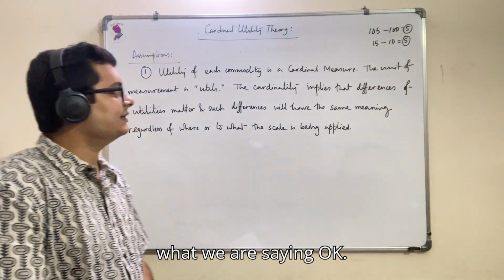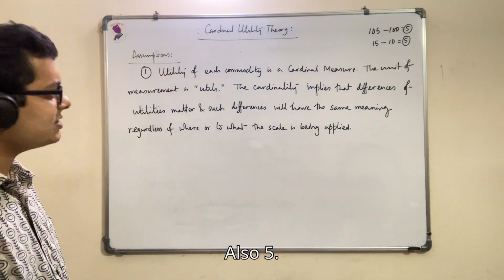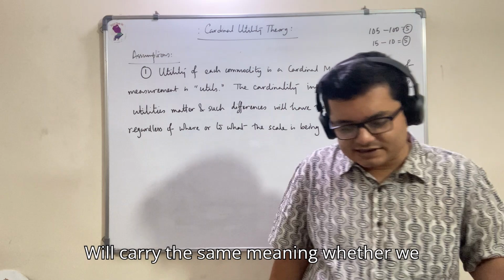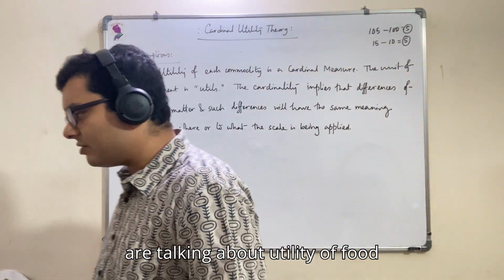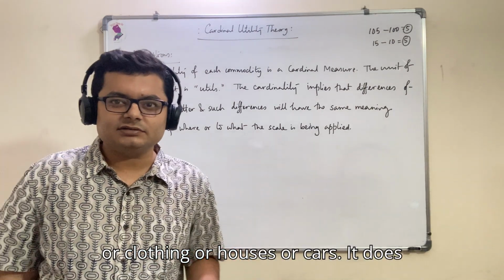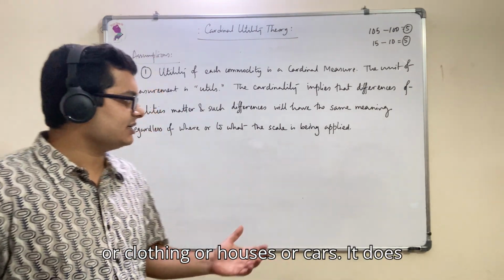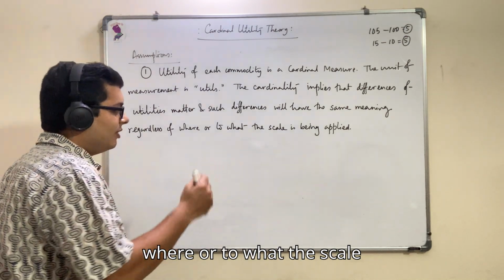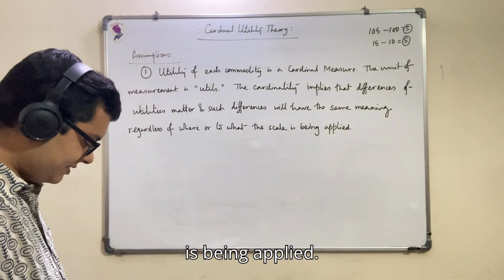That's what we are saying. Okay. Also, this 5 will carry the same meaning whether we are talking about utility of food or clothing or houses or cars, it doesn't matter. Okay. So regardless of where or to what the scale is being applied.